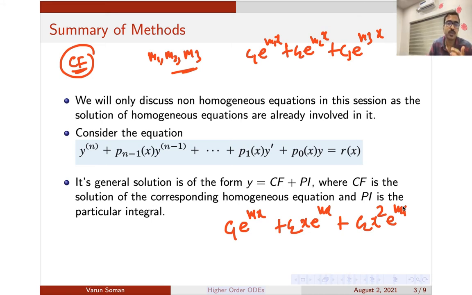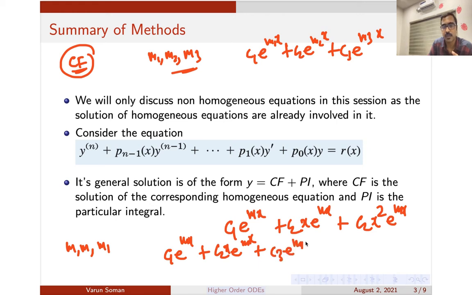Suppose there are two roots which are the same and another root which is different. In that case also we can take over this usual idea. The first root I will write as c1 e raised to mx plus the second one c2 e raised to mx, but already I have introduced mx here, so I will put an x here, plus c3 e raised to m1x. That's the only difference.